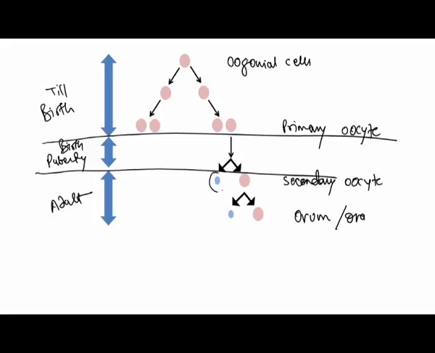Now these first and second cells are coming out by the meiotic division. The first one is called the first polar body, and the second one is called the second polar body.